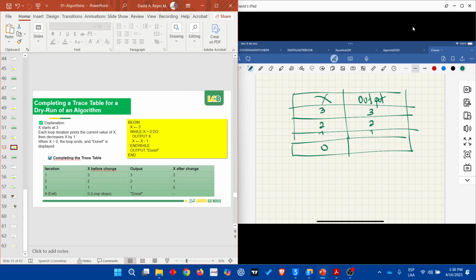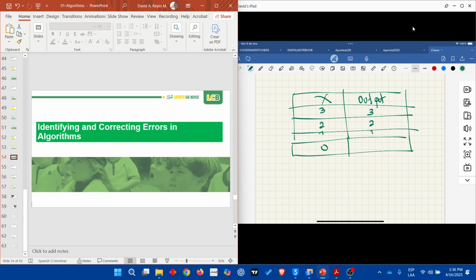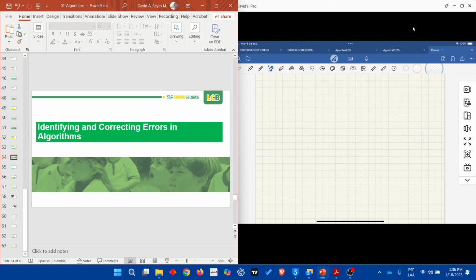Next one is what I showed you: identifying and correcting errors in algorithms. Here you need to understand this, guys. There are 3 kinds of errors in an algorithm.